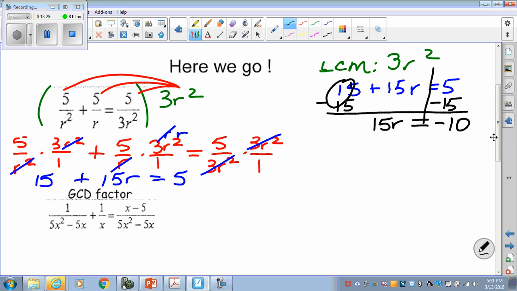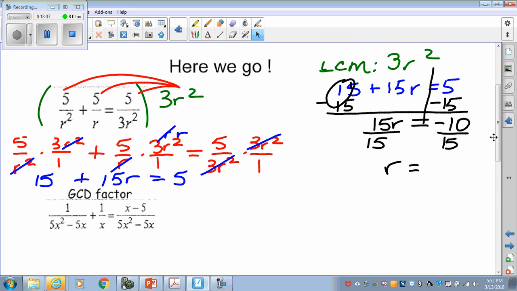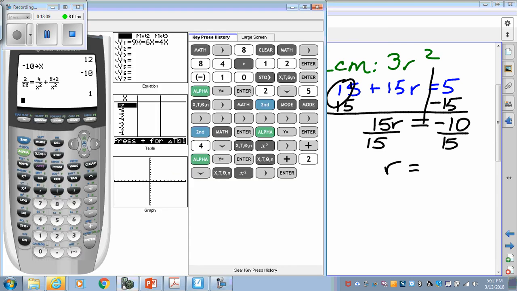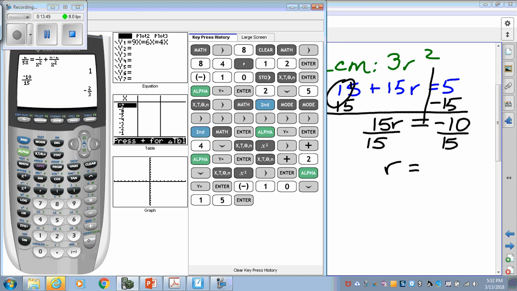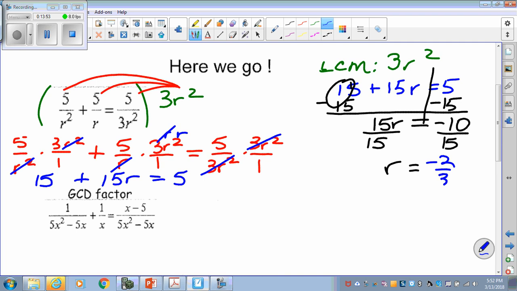All right, and then I'm going to divide by 15, divide by 15. So we get r equals, and then I'll go ahead and just put that in my calculator so it reduces for me. Alpha y equals, enter, and I've got negative 10 over 15. And that reduces to negative 2/3. So negative 2/3 is my answer.